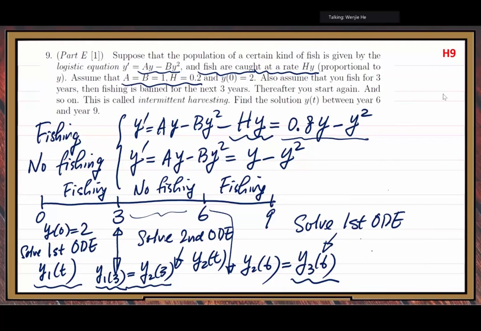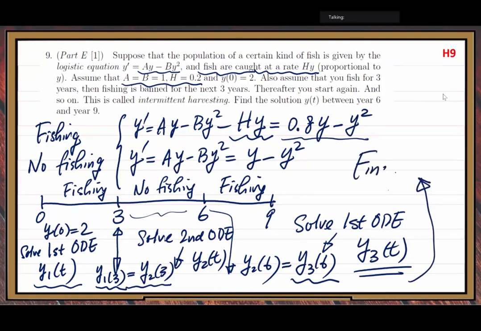So you get y3 of t. This is our final solution, between year 6 and year 9.